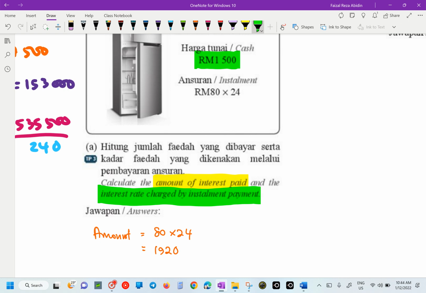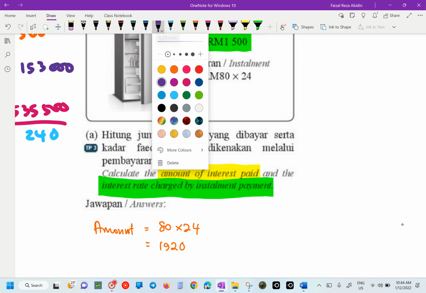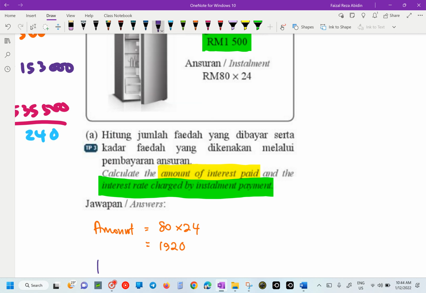The extra is our interest, so 1,920 minus 1,500. The interest that we are going to pay is 420.